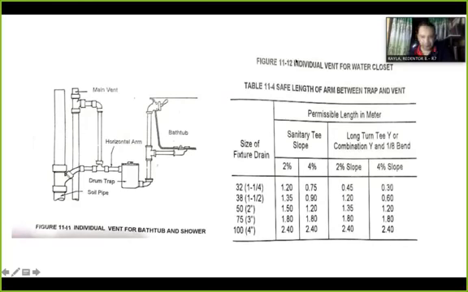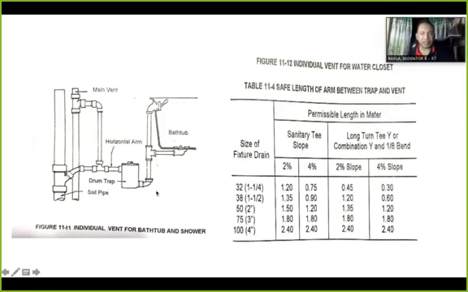Okay? Another table or figure, individual vent for water closet. So where is the water closet? Safe length of arm between trap and vent.